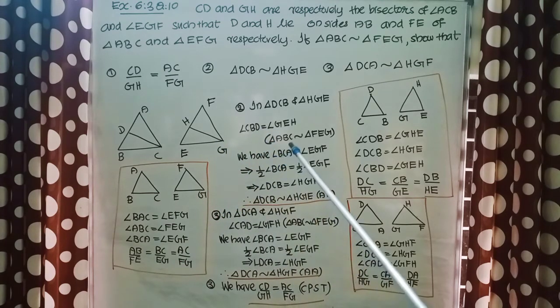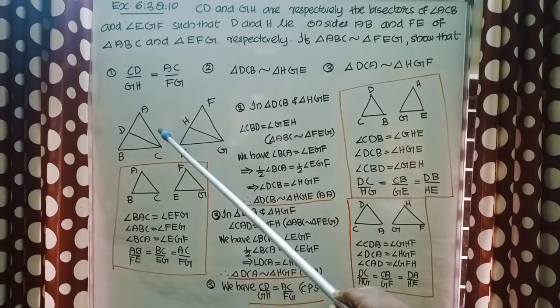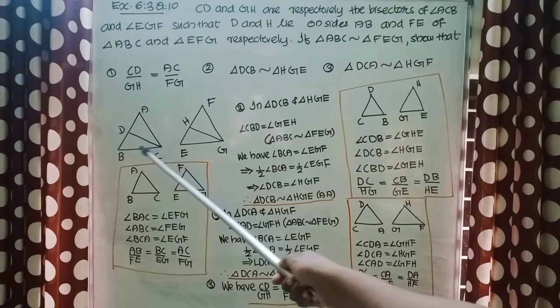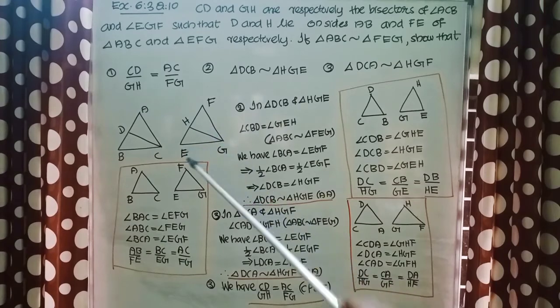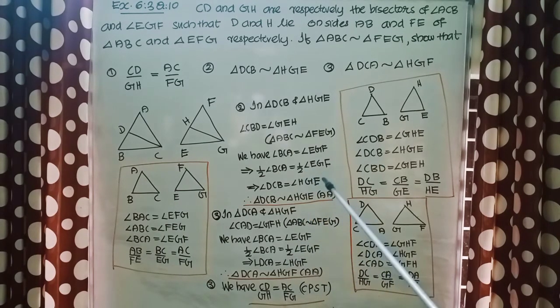We have angle BCA equal to angle EGF. Therefore, half angle BCA equal to half angle EGF. Half of BCA is DCB. Half of EGF is HGE. So we can write angle DCB equal to angle HGE.